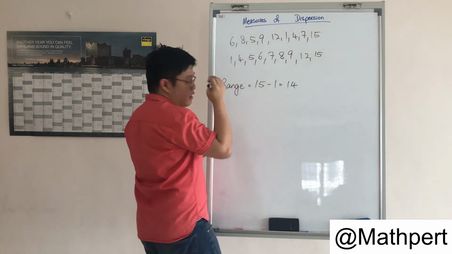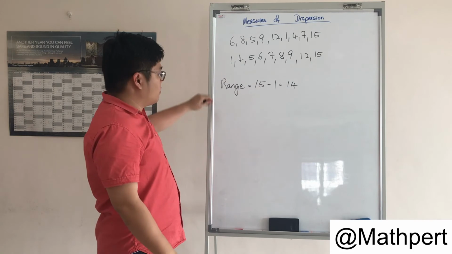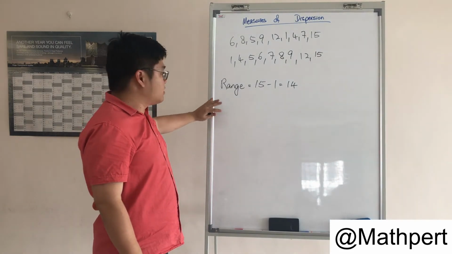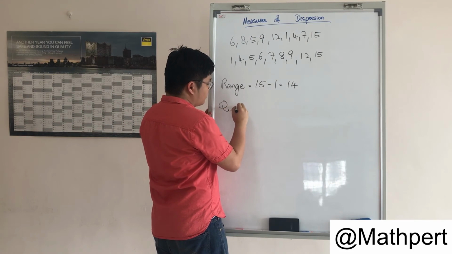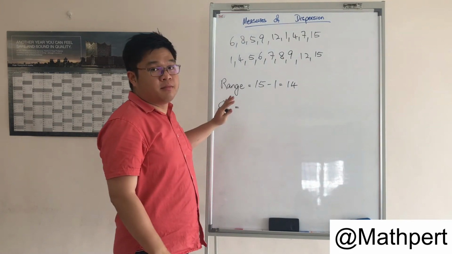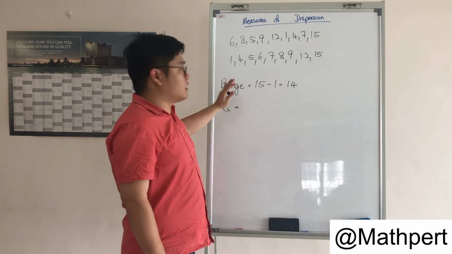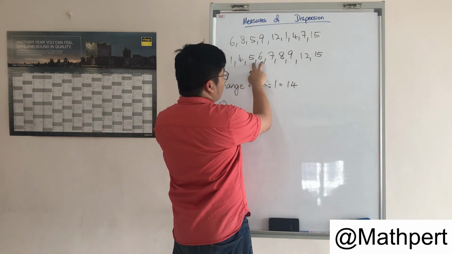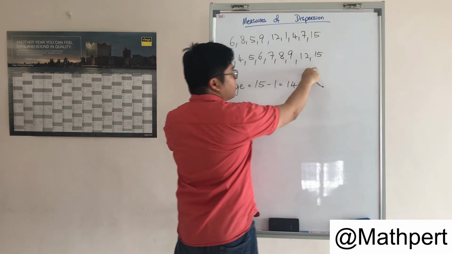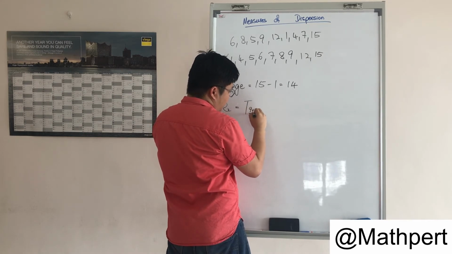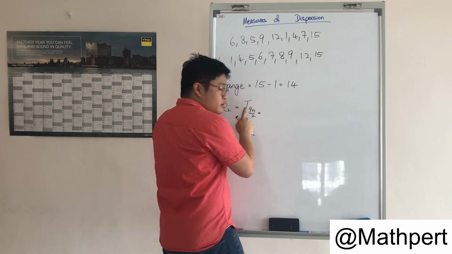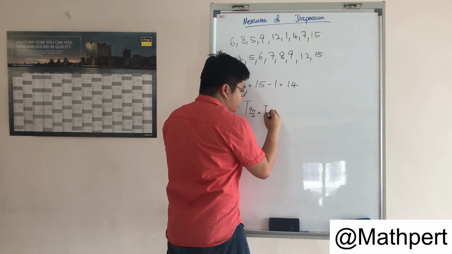Right? So now let's look for the interquartile range. First, let's look for Q2. Q2 is the median, meaning the middle term. T of (9 plus 1) divided by 2, 10 divided by 2, is T5.